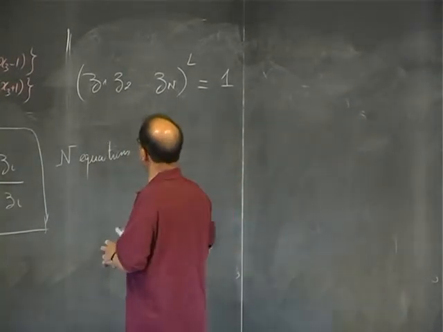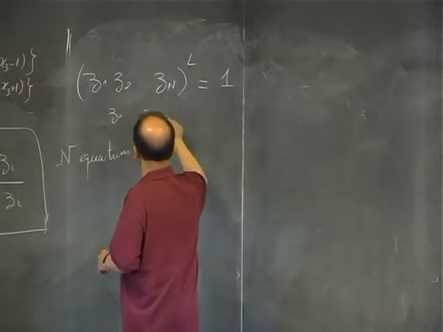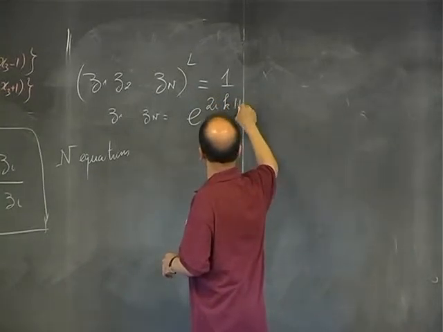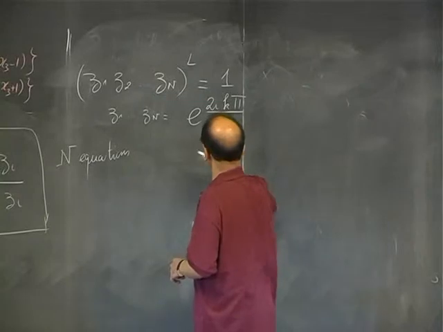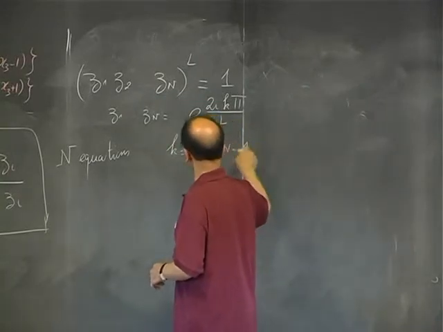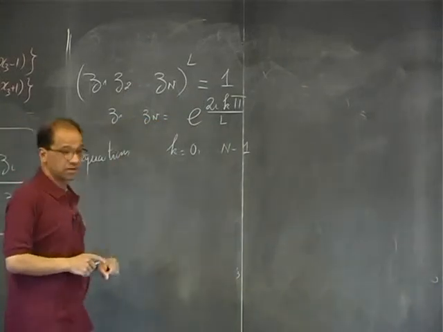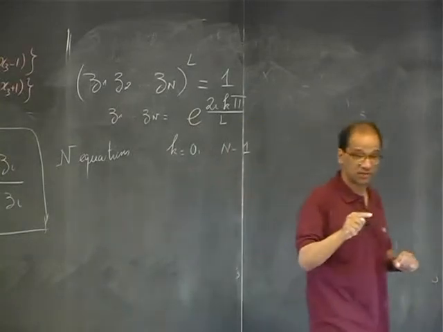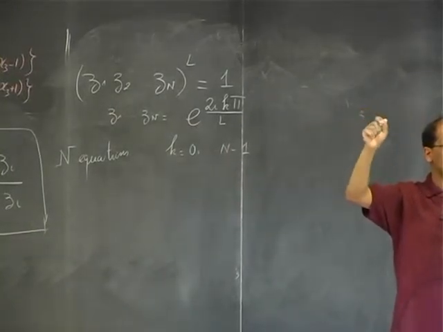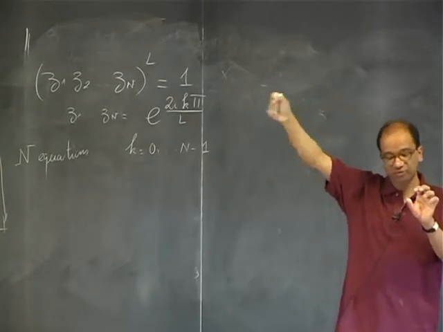Okay? So it means that z1 z2 ... zn is an nth root of unity. Multiplying your wave function by z1 z2 ... zn adds 1 to each exponent. x1 will become x1 plus 1, x2 will become x2 plus 1, and so on.